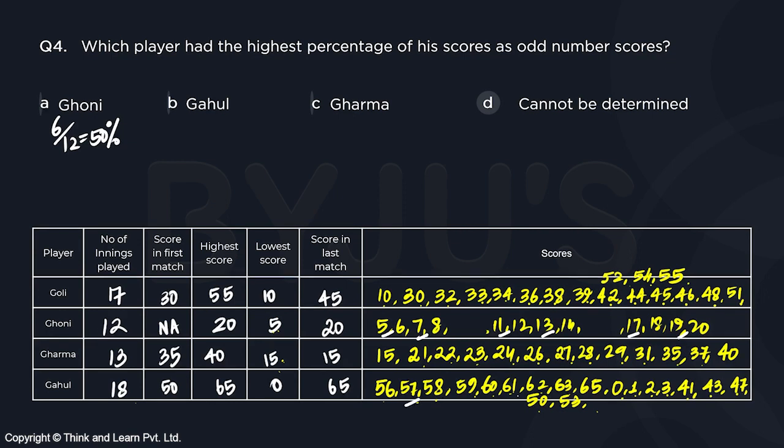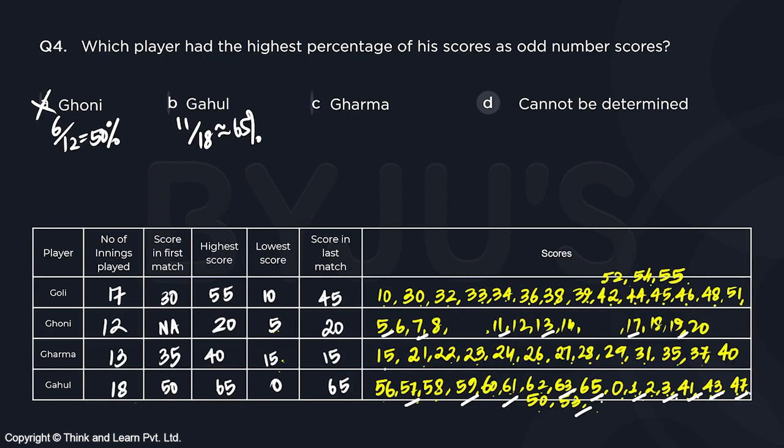The odd numbers are 57, 59, 61, 63, 65, 1, 3, 41, 43, 47, 53. So that is 11 out of 18, definitely greater than 50%. Had this been 12 by 18, this would have been 66%, so we can say this is going to be around 65%. So definitely not option A.